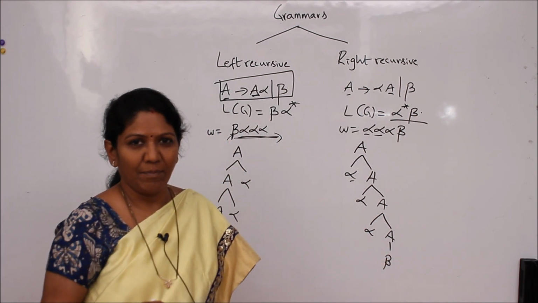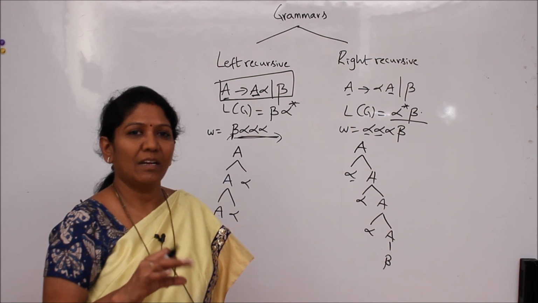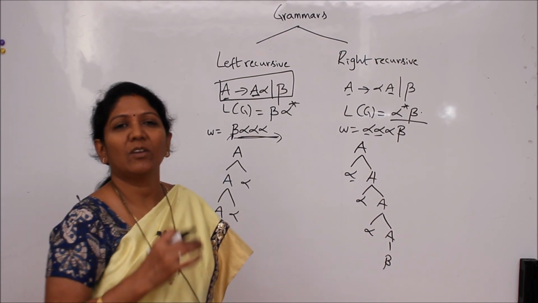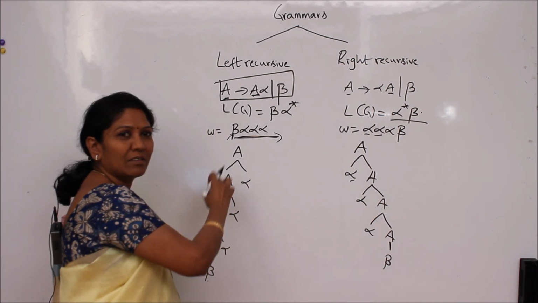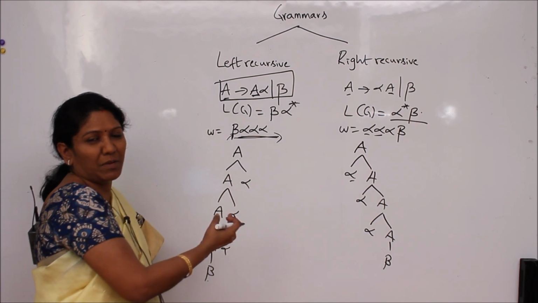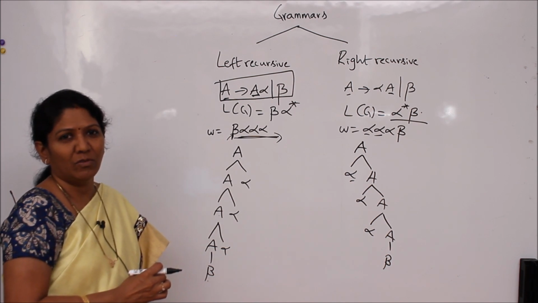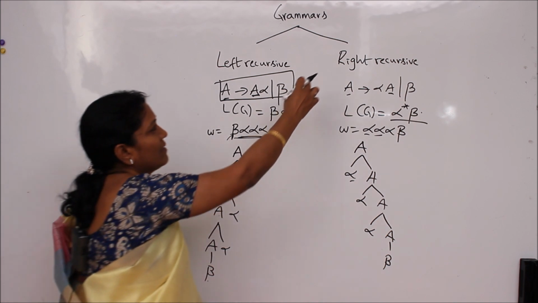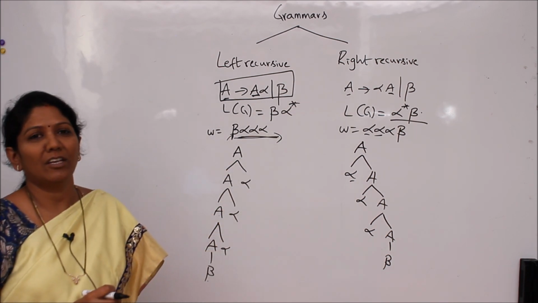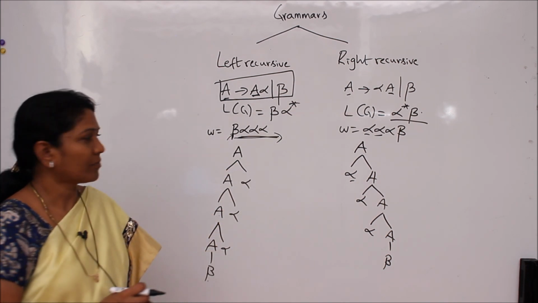So at every step, since partially the input string is recognized, it knows very clearly when to stop. Whereas here, since it is looping at every step, it may not know when exactly it has to stop. Hence there is a danger of going into infinite loop. Whereas in right recursive grammars, there is no such danger.